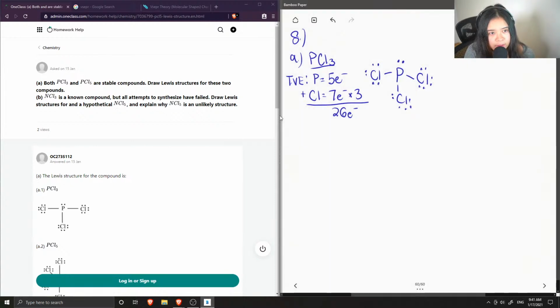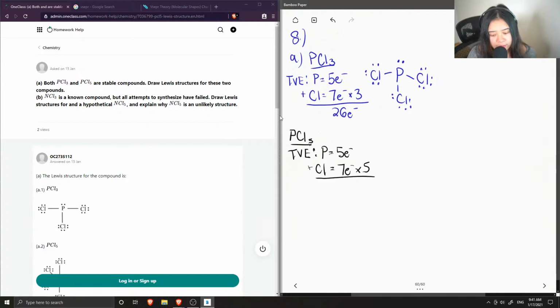So now let's try to do the structure for PCl5. It's going to have a total of valence electrons with phosphorus 5 plus the chlorine, which is 7 times 5 this time.